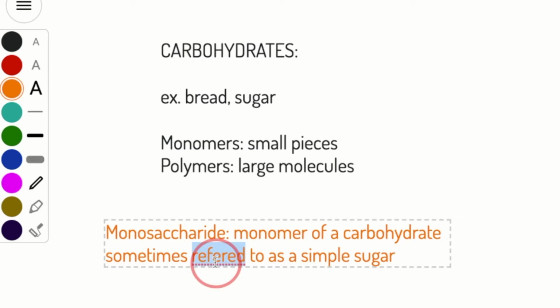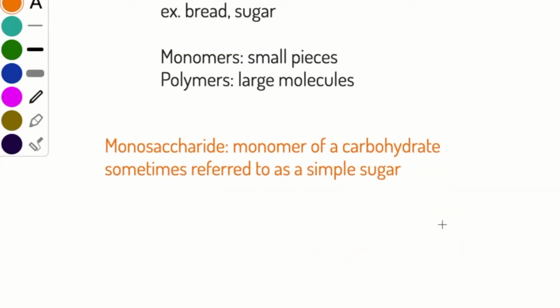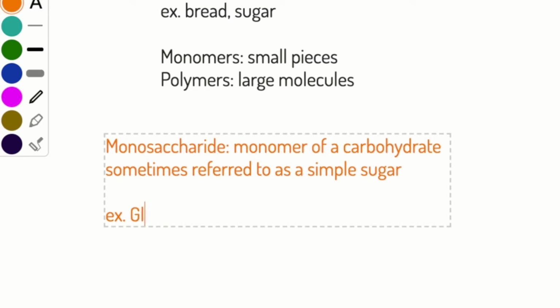An example of a monosaccharide for a carbohydrate would be a molecule such as glucose. So glucose is an example of a monosaccharide.